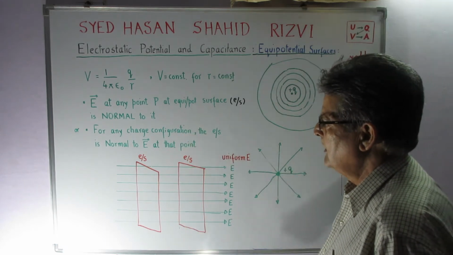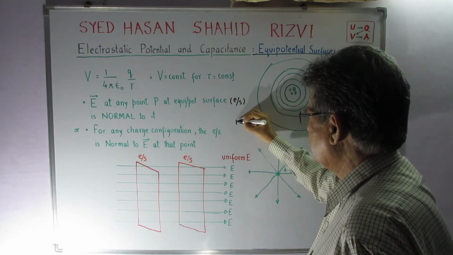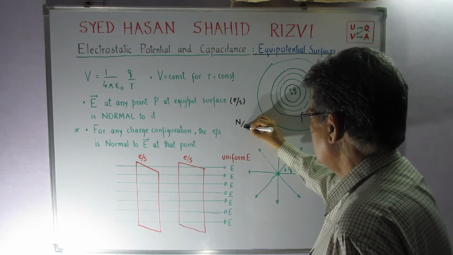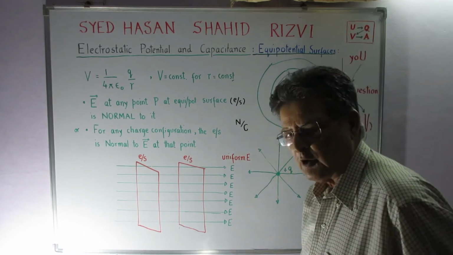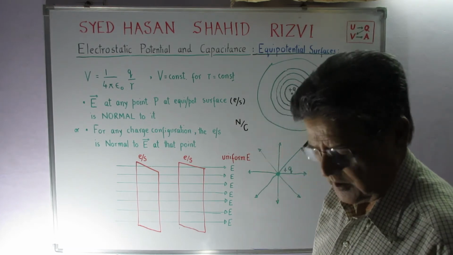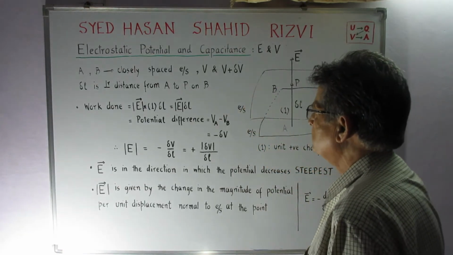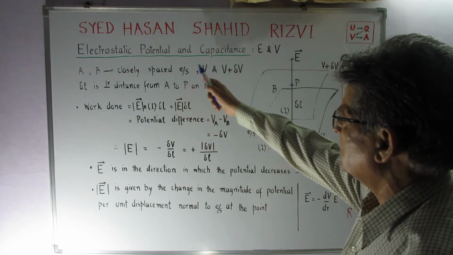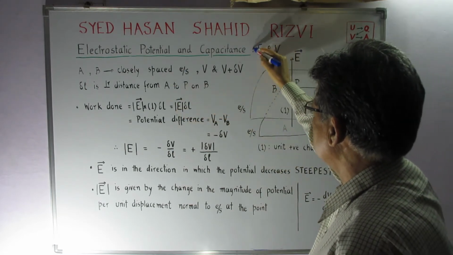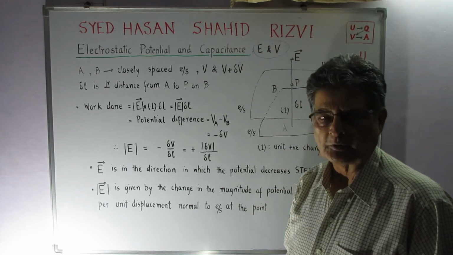Till now I did not define to you that the electric field can have a unit newton per coulomb, and now we'll see that it has another unit, volt per meter. So now we go to the next item in the study of electrostatic potential and capacitance, that is the electric field and the potential and the relation between the two of them.